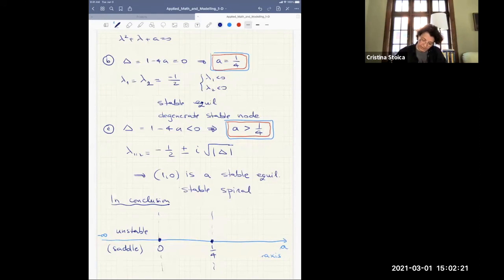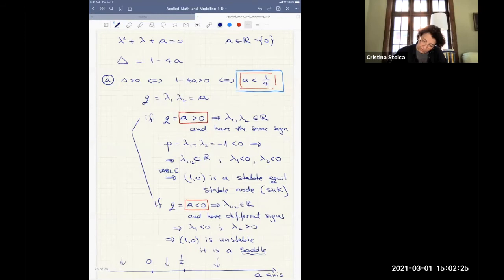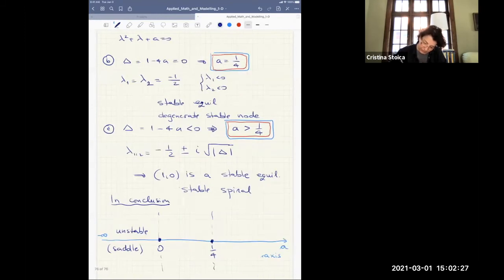Then in between 0 and 1 over 4, it's a stable node, stable, okay? Well, I like to call it a sink. And then here it is stable as well, and it's a spiral. There you go. And we have to decide on the edges.